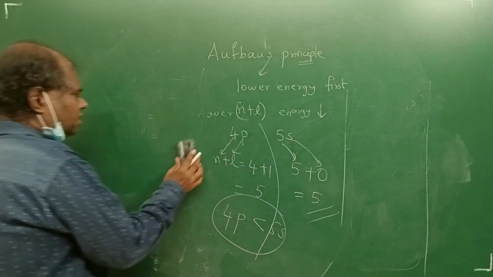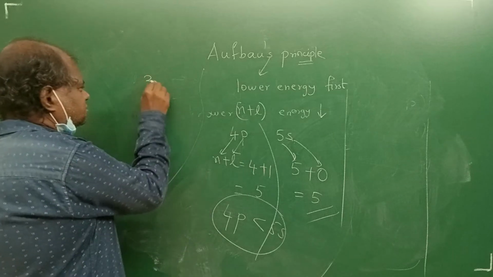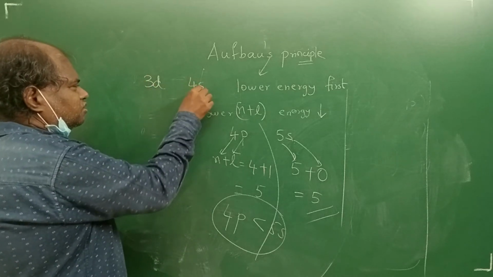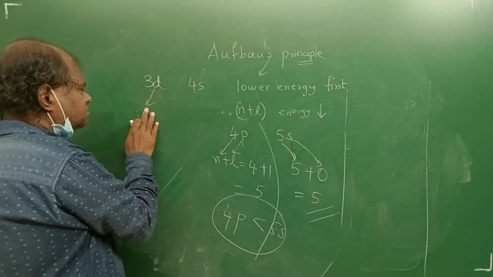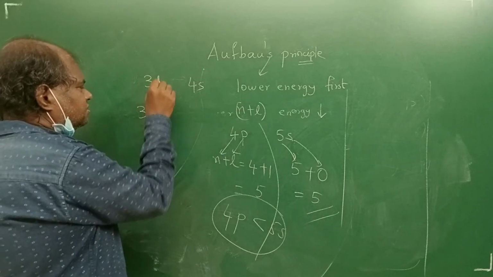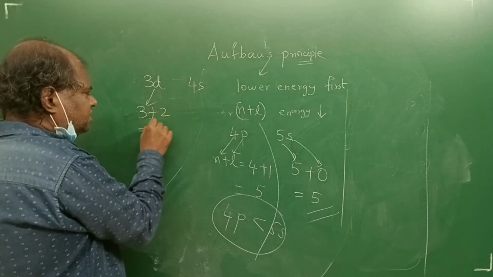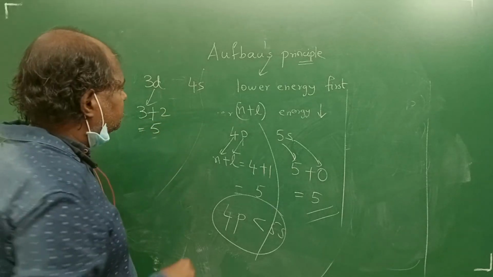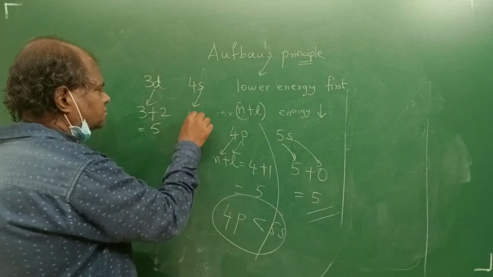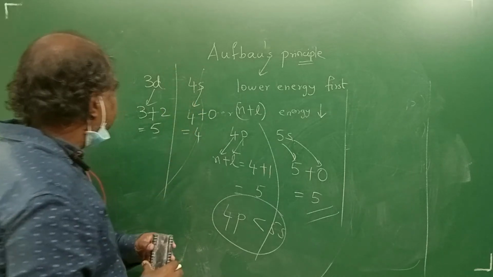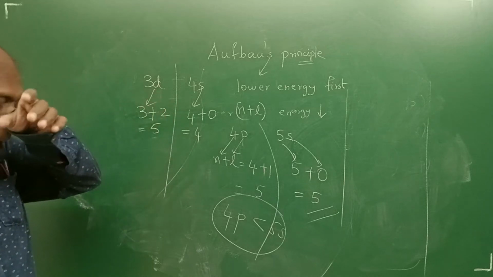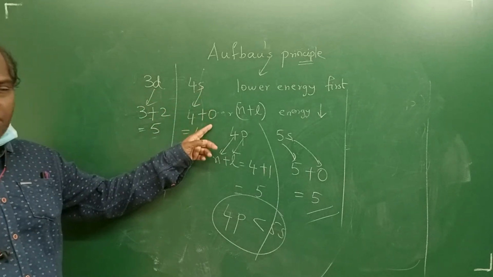Here the n value is 3, so 3 plus 2 for d orbital, the n plus L value is 5. For 4s, you get 4.